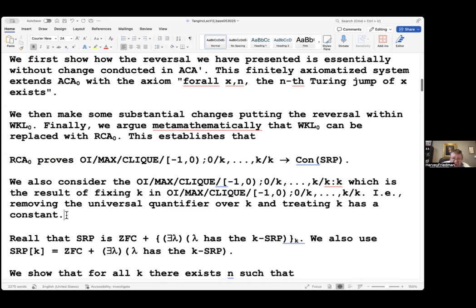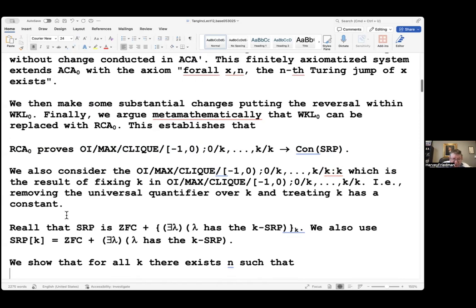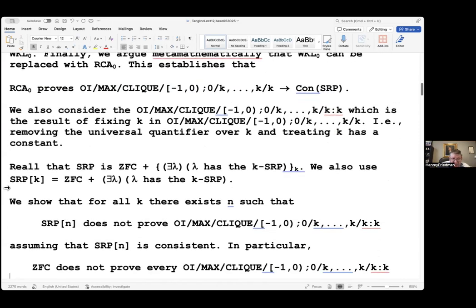We also do this for SRP. I think I've discussed this before. SRP has a well-known hierarchy, because SRP itself is just a scheme on k.